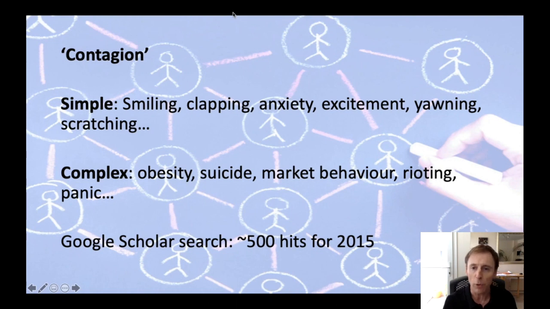They were about simple behaviours like smiling and clapping, anxiety, excitement, yawning and scratching, but also complex phenomena like obesity, suicide, market behaviour, rioting, of course, and panic. And these studies of spreading behaviour were across a variety of different disciplines too, not only psychology, but also marketing, public opinion research, sociology, animal behaviour studies, economics, and public health.